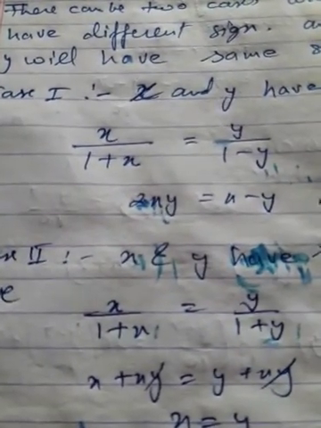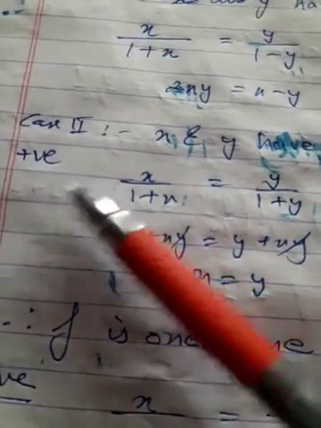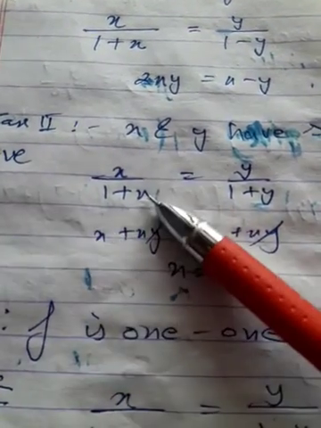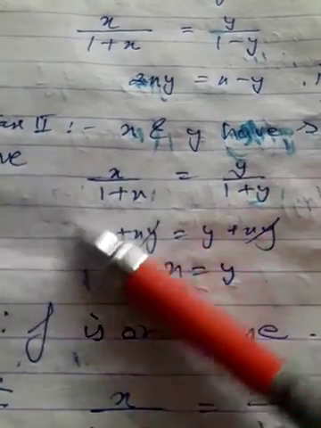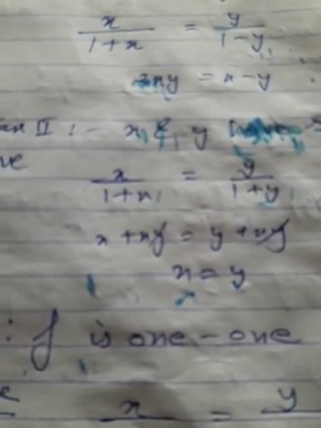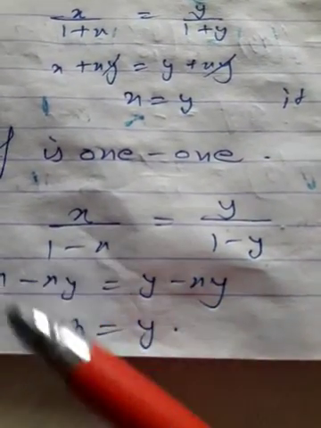Now the second case, when x and y have the same sign. First we take the positive sign, so x upon 1 plus x equals y upon 1 plus y. When we simplify, we get x equals y. So here we get that f is a 1-1 function, and it is a possible case. If we take both negative, then also we get x equals y.